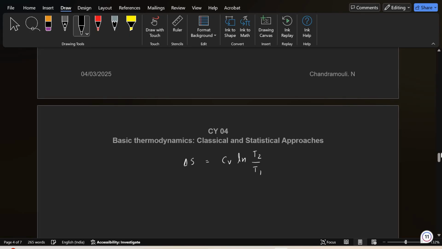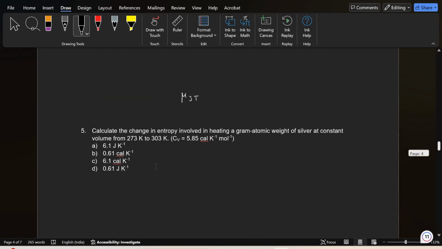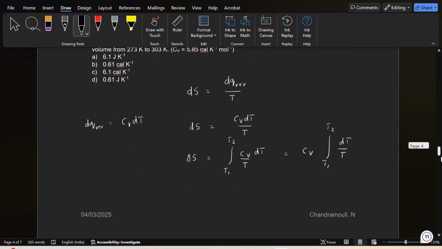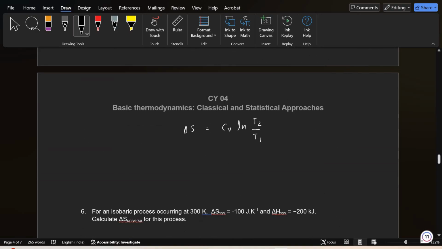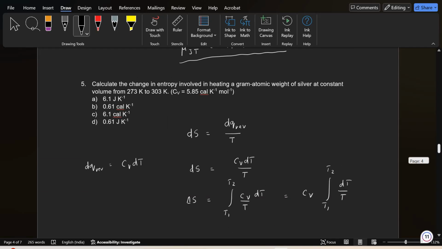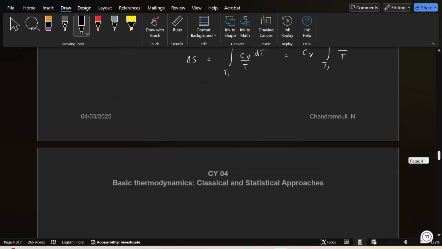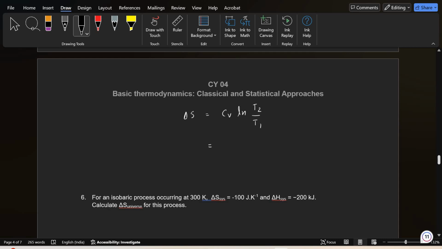So in our problem, T2 is 303, and this is 273. We'll just put those values. So what is the Cv value? Cv value is 5.85 calorie per kelvin.